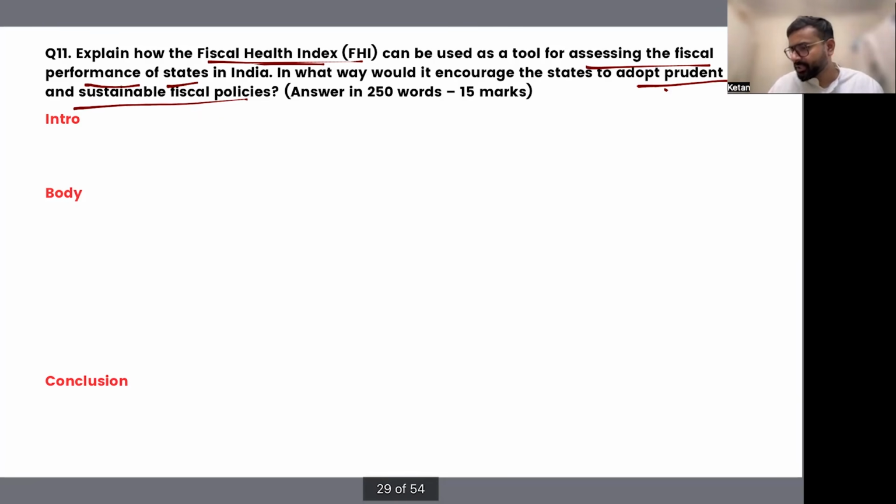So again, this question is talking about the fiscal health index and how it can be used as a tool for assessing the fiscal performance of states. Straightforward, even if you don't know what the fiscal health index is, even then you can gauge what it is, because it is talking about being a tool used for assessing the fiscal performance of states. So the definition is already there in the question.